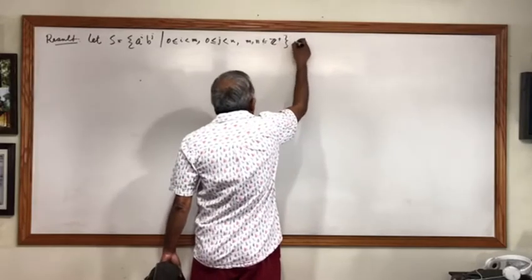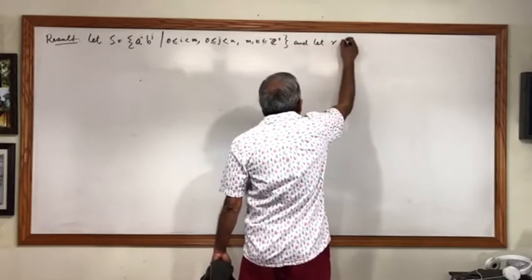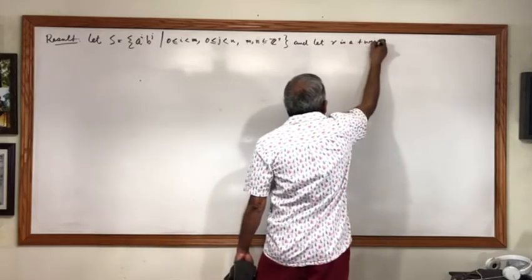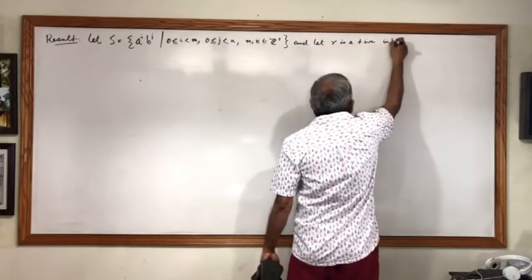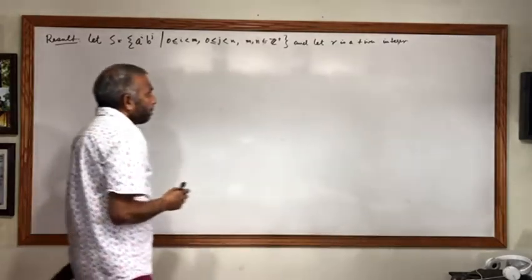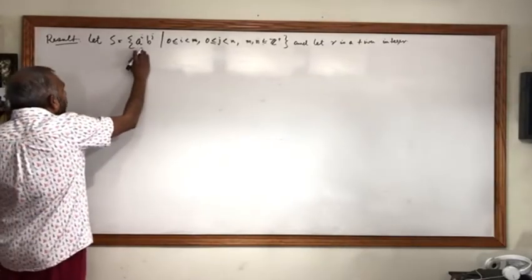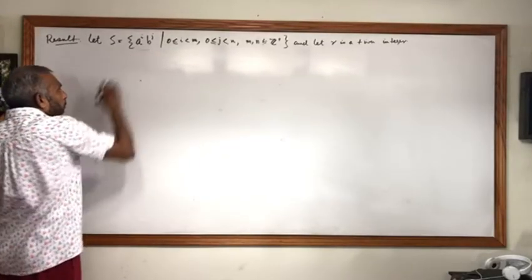And let r be a positive integer. So this contains only elements of this form.